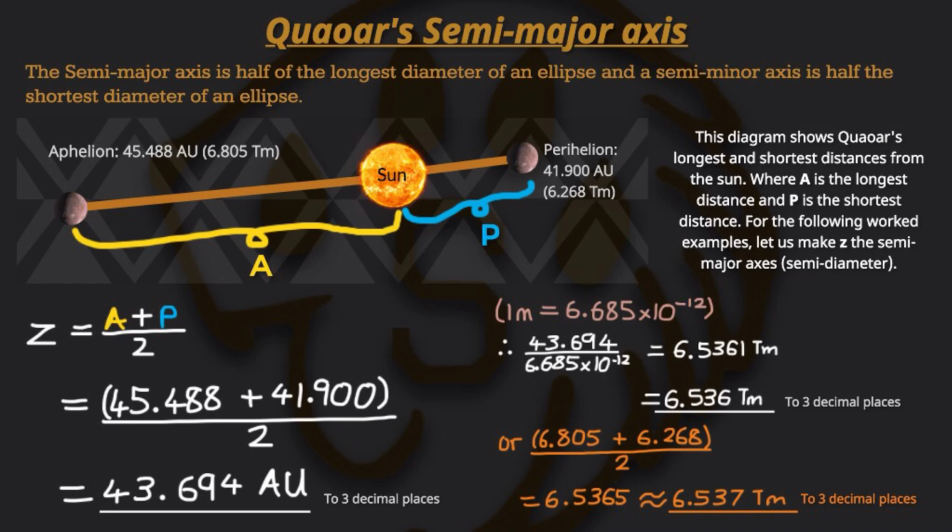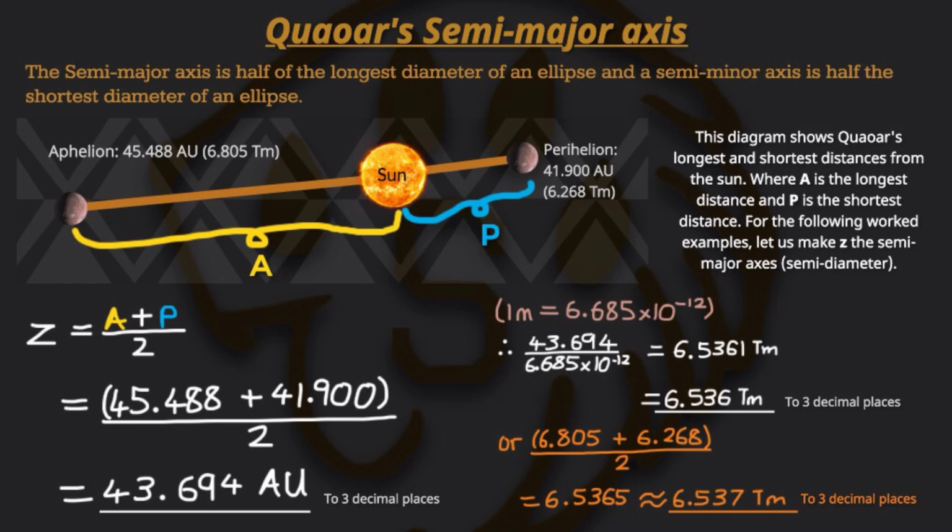We can see that 1 meter is equal to 6.685 by 10 to the power negative 12 astronomical units. So we take our 43.694 astronomical units and divide by the astronomical units equal to 1 meter, so that we find the terameters. We then find that the quotient is 6.5361 terameters, which is 6.536 terameters to 3 decimal places.